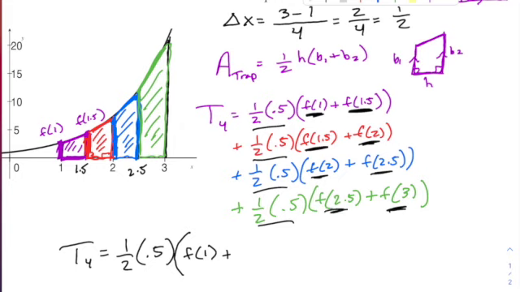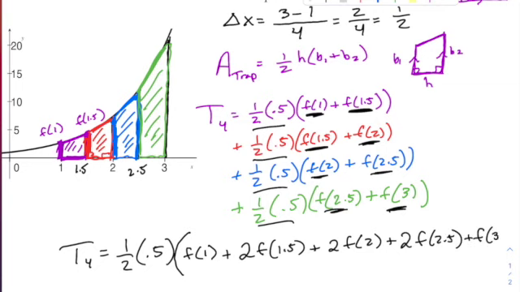So I'm going to double those up and say f of 1 plus 2 f of 1.5 plus 2 f of 2 plus 2 f of 2.5, until finally I get to the end of the interval and f of 3 only gets used once.